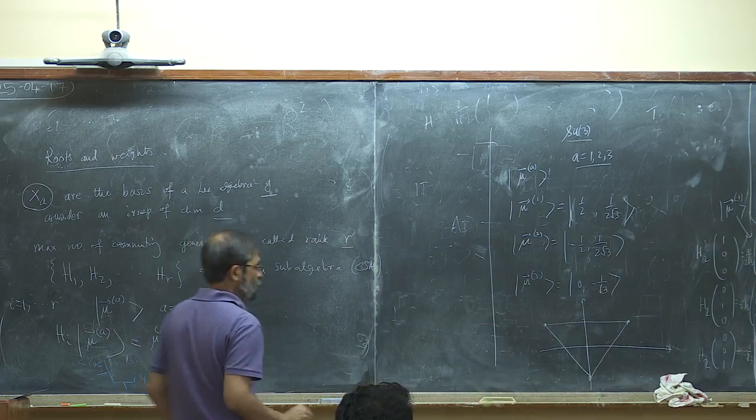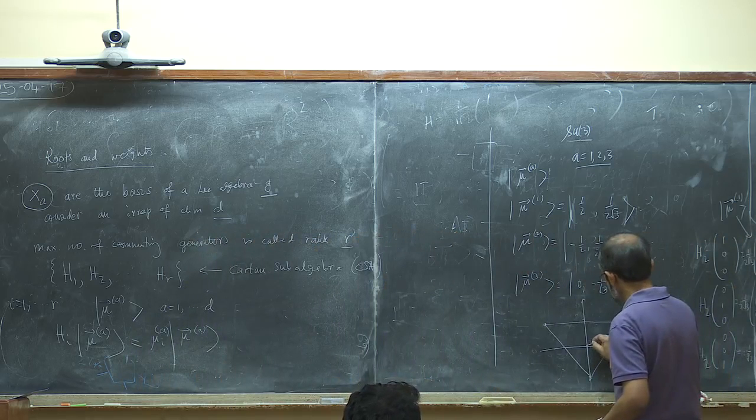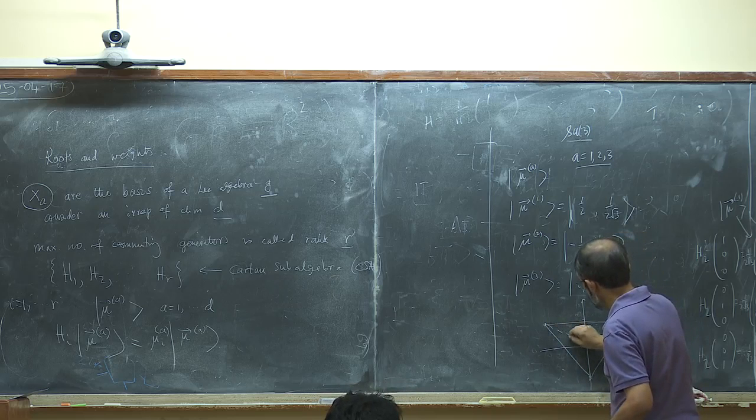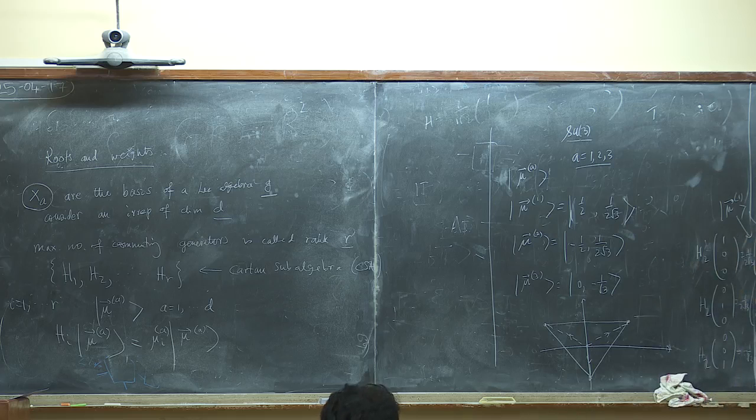But the point that I wanted to make here is that these three two-dimensional vectors represent the eigenvalues of H1 and H2, and these are called weight vectors.